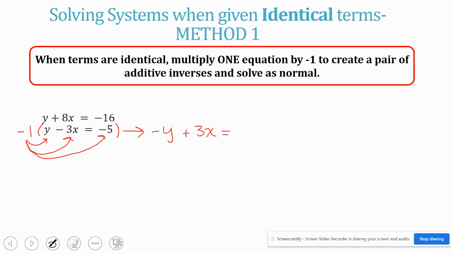And then we get -1 times -5 gives us a positive 5. Okay, so now we can see that this y is now negative. I'm not going to do anything to this top equation, so I'm going to just rewrite it on top of our new equation, because I like things to line up. It makes it a lot easier if you stay organized with these kinds of questions.